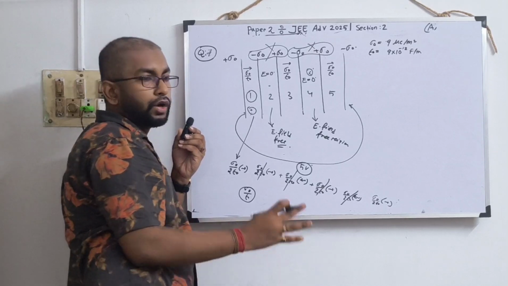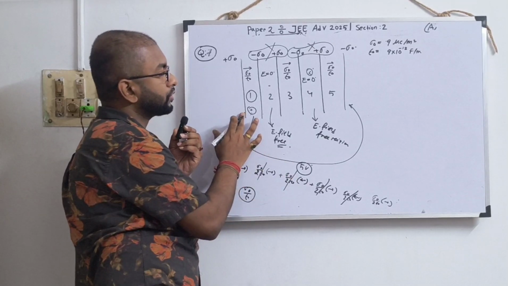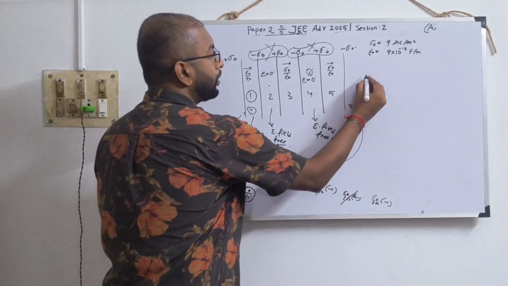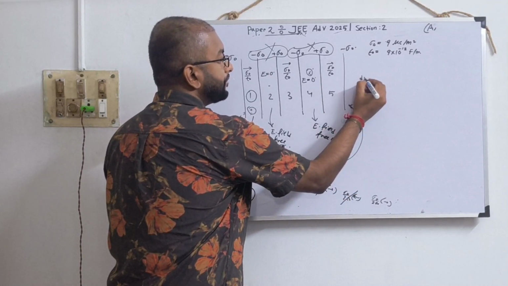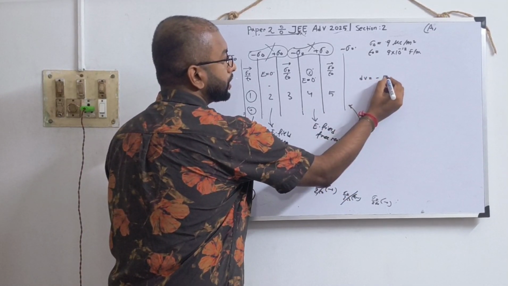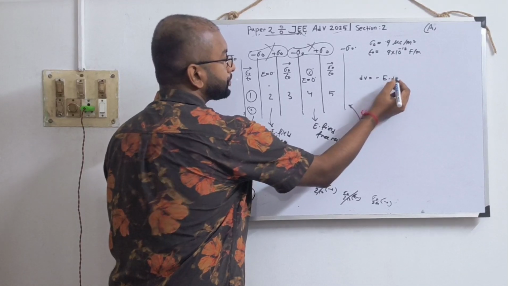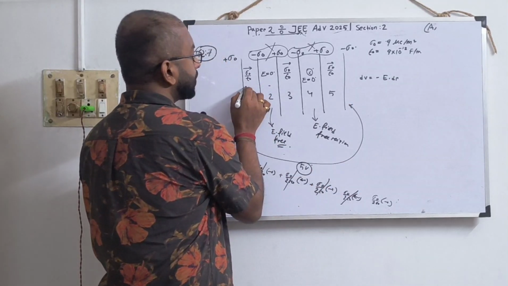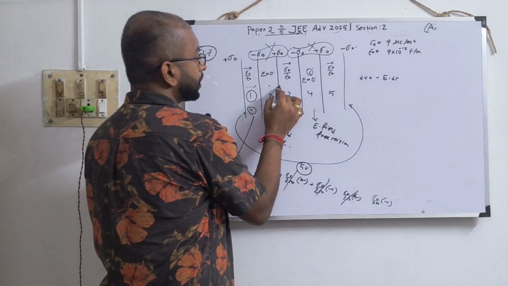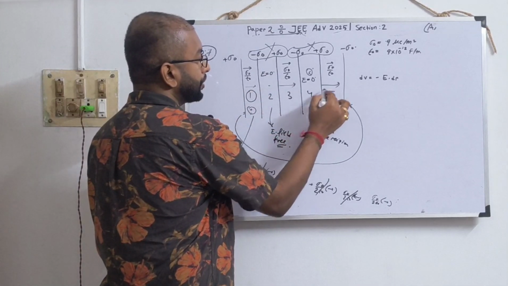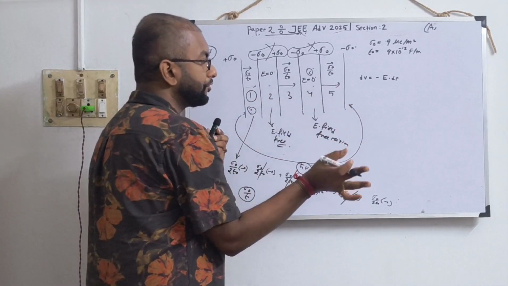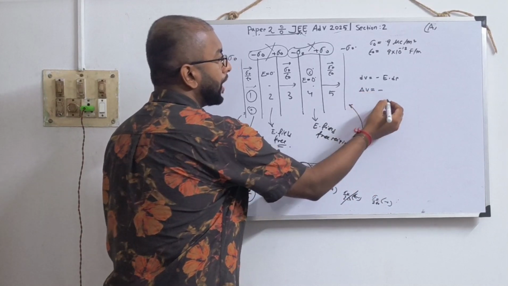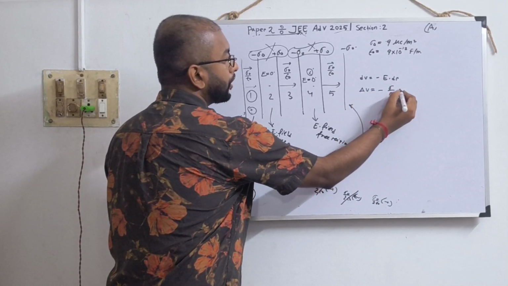So let us find out the potential difference between plate 1 and the final plate, plate 6. So we'll find out potential difference dV, we know that is minus E dot dr. But here E is constant throughout the region 1, E is constant throughout the region 3, E is constant throughout the region 5, region 2 and region 4 electric field free region. So total delta V, that is going to be minus of sigma naught by epsilon naught into d.